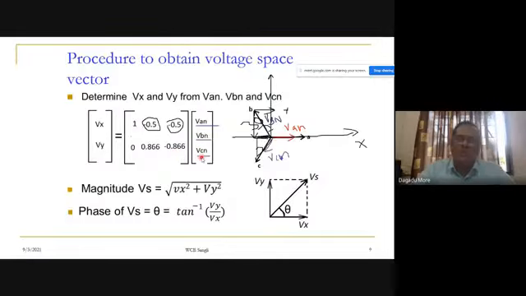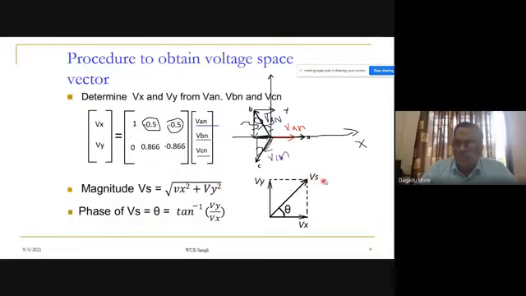So once we know the values of VAN, VBN, VCN, we find out Vx, the total quantity along the x-axis, and Vy, the total quantity along the y-axis. And then the resultant of these two will be the square root of Vx square plus Vy square, which gives the magnitude.